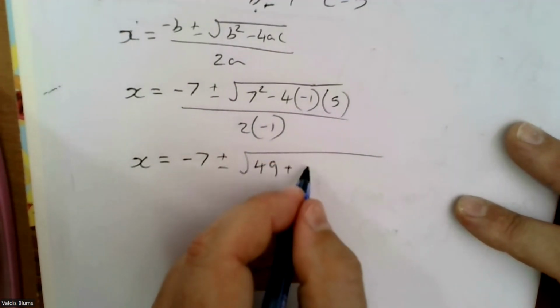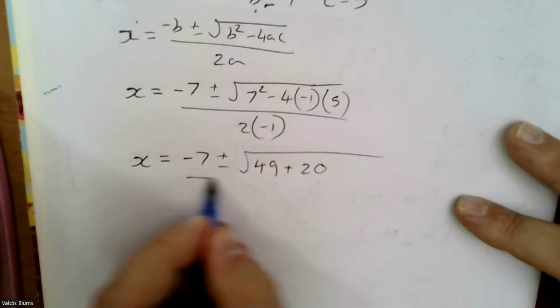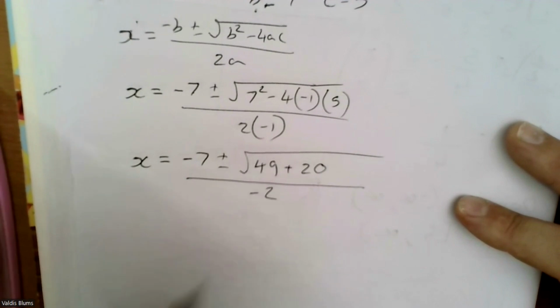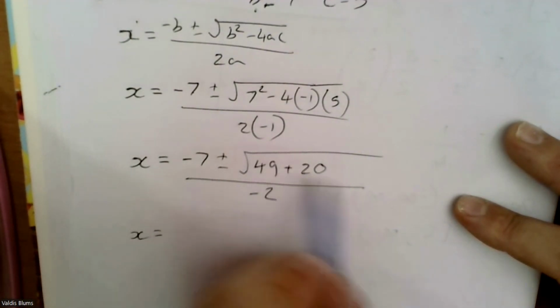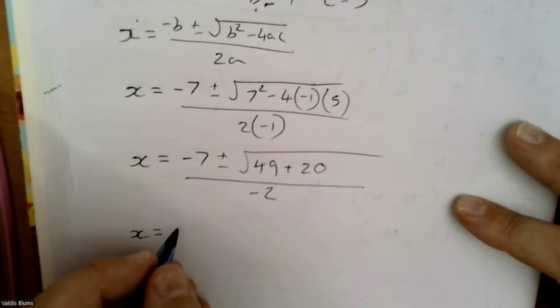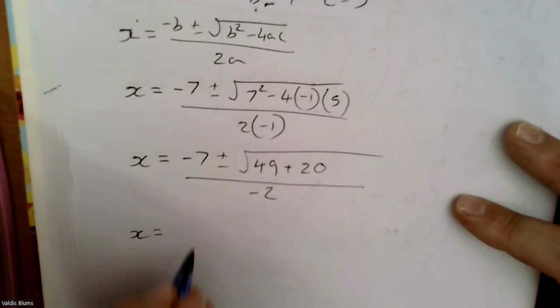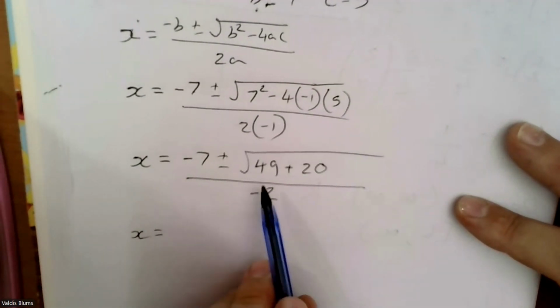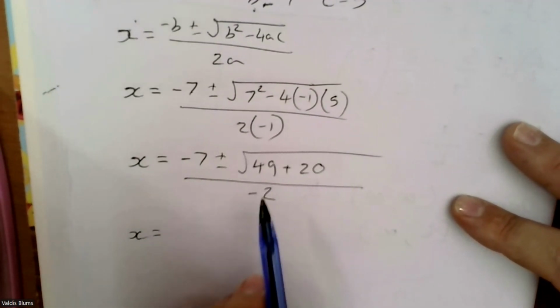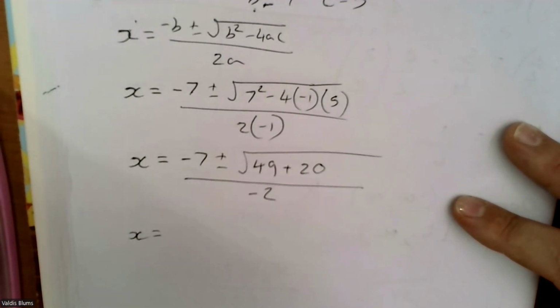The minus minus being positive, so plus 20. So this looks like it's going to be positive this time. So remember, if you have a positive value within the discriminant, you have two solutions. Now, when you have two solutions, it could be the case that one could be a valid solution and one could not be a valid solution.